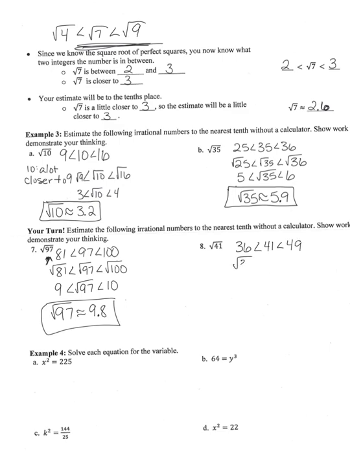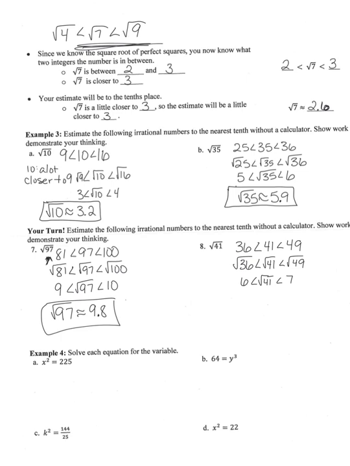So writing this out in terms of square roots, the square root of 36 is 6. The square root of 49 is 7. So the square root of 41 lies between 6 and 7.